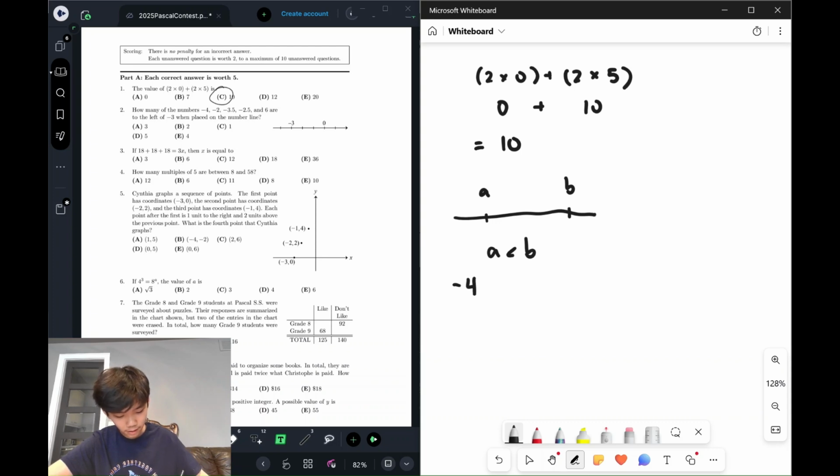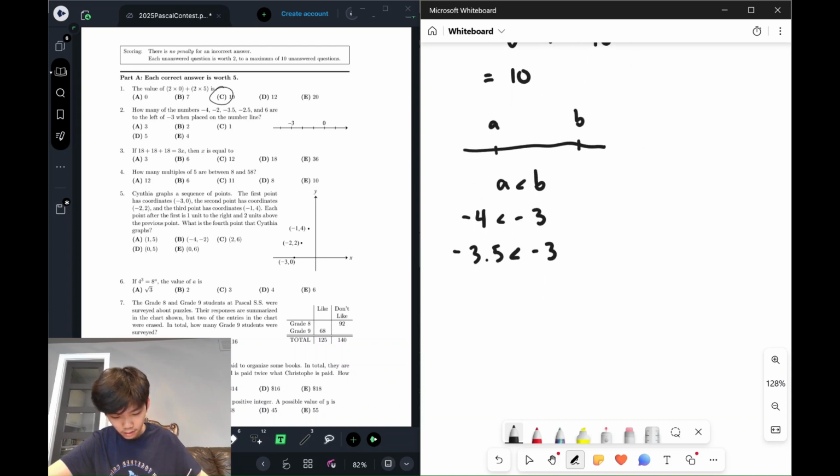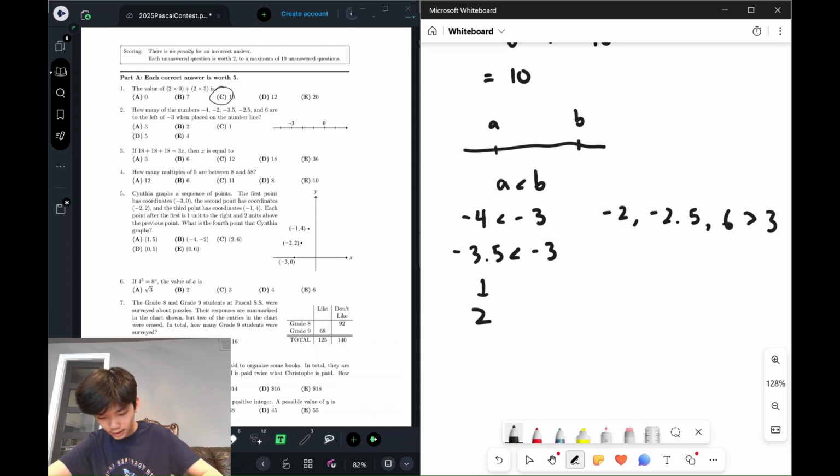We have -4, -3.5, and -2, -2.5, and 6 are all greater than -3. So therefore, this gives two numbers, so the answer here is B.